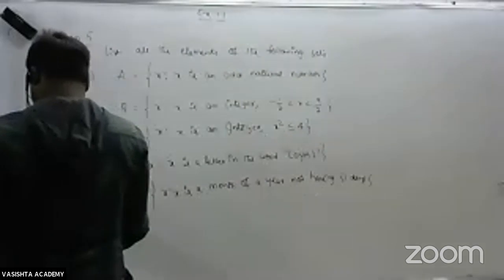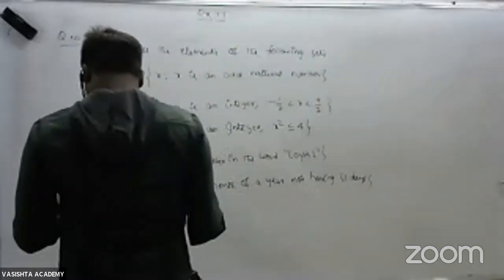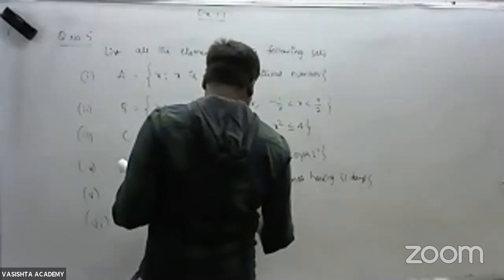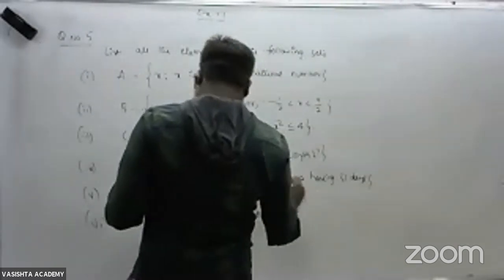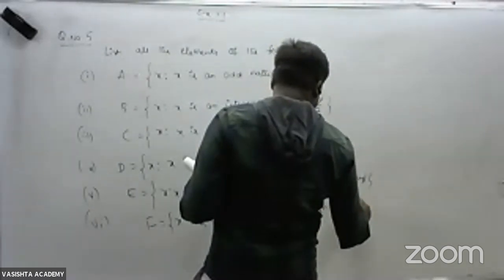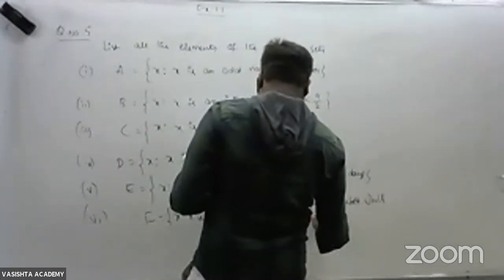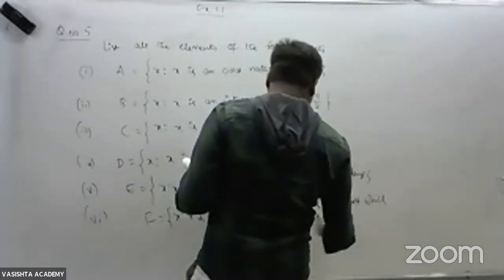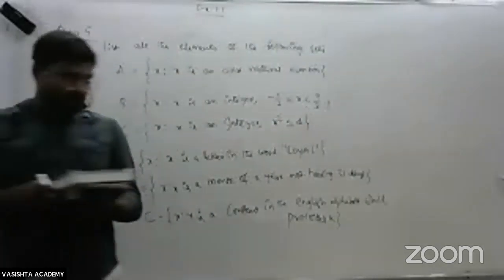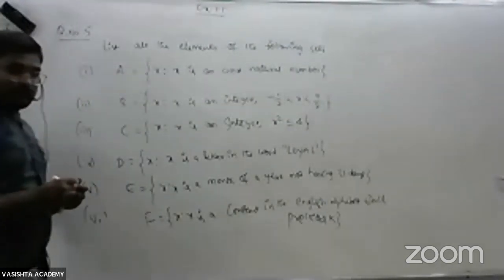And the sixth one is F equal to {x such that x is a consonant in the English alphabet which precedes K}. So these are the 6 questions in question number 5.